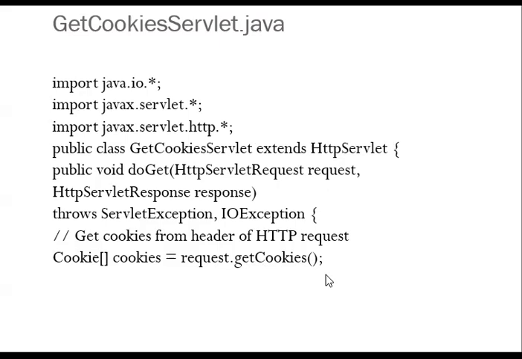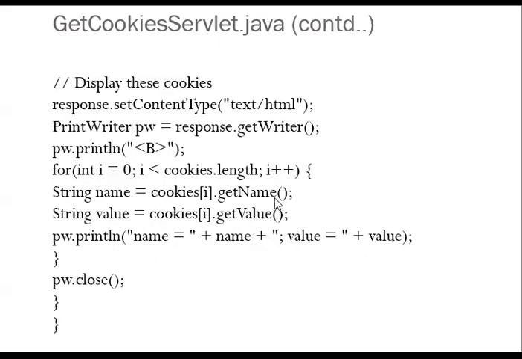So request.getCookies. Once we get a cookie array, we can iterate over it and get its name and value. How to get it? We'll set the response content type, and we'll get the writer. We'll use a for loop: for i equal to 0, i less than cookie.length, so we'll iterate over all the cookie array. cookie of i dot getName, so the name will be extracted. cookie of i dot getValue, so the value will be extracted.